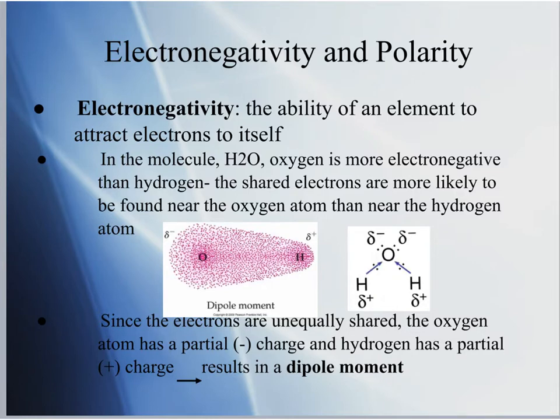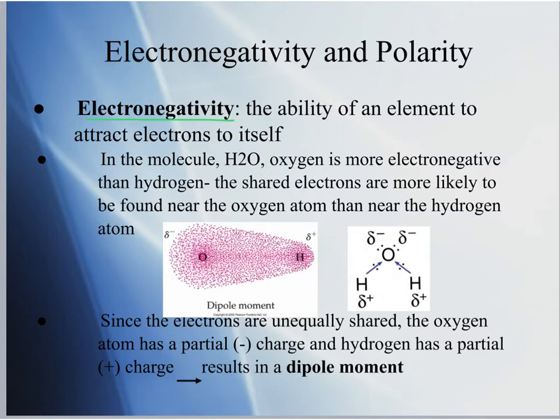Okay. Now we're going to shift gears to the concept of polarity. Okay, so polarity, we can't talk about polarity until we talk about electronegativity. And that's something that we hammered a lot in regular chemistry. So hopefully that term is still familiar to you.